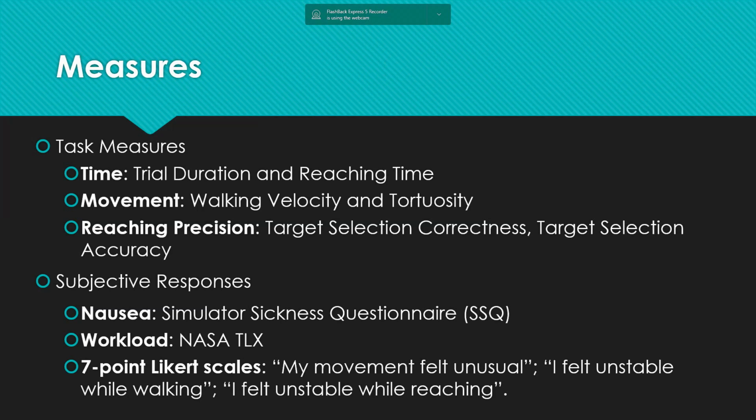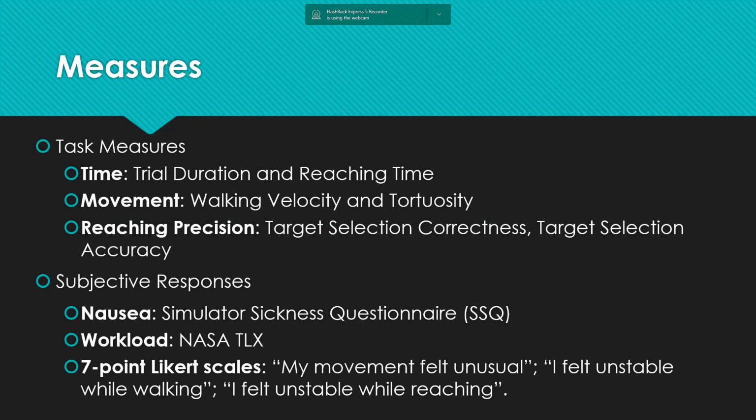Movement is walking velocity and tortuosity. Tortuosity is the head swaying from left to right that measures dizziness or how unstable they feel. Then reaching precision, target selection correctness, and target selection accuracy. Target selection correctness is the correct cube that they selected and how precisely they selected it.